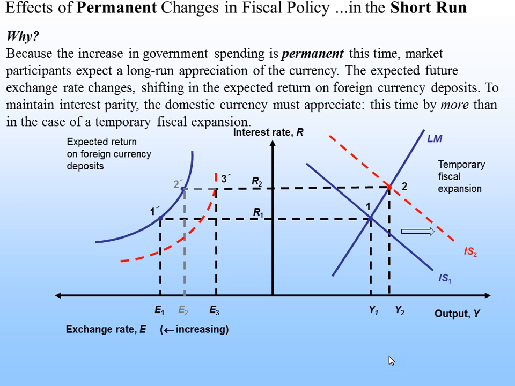Let's say that this is Turkey, okay? So this is Turkey. Turkey has an IS curve and an LM curve, of course. Okay?